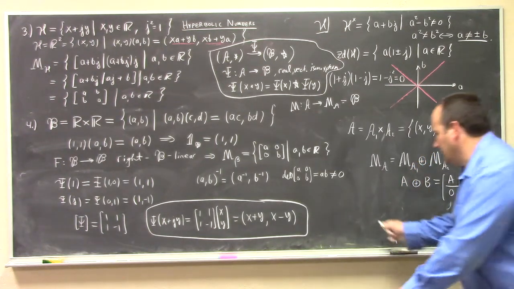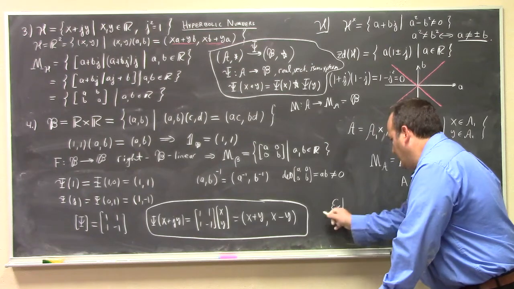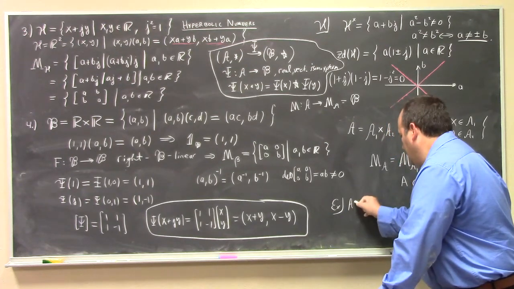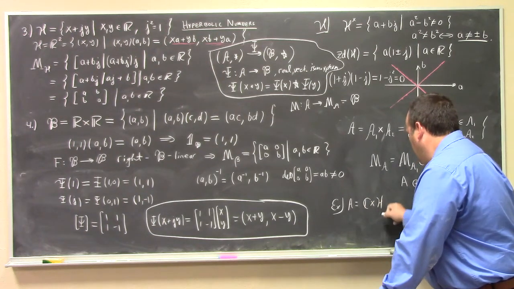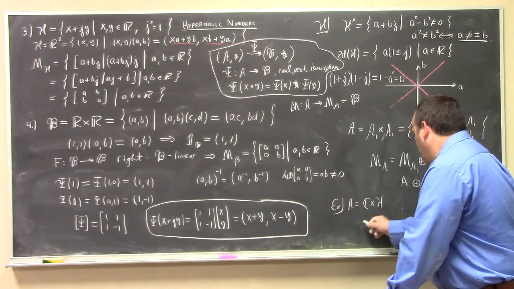Okay. So for an example of this, if I make my algebra the direct product of, say, the complex numbers and the hyperbolic numbers, that would give me a four-dimensional algebra.